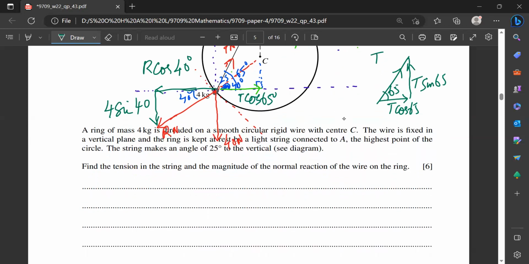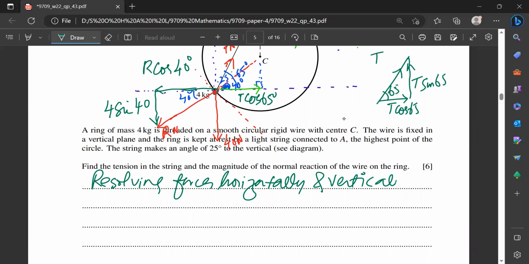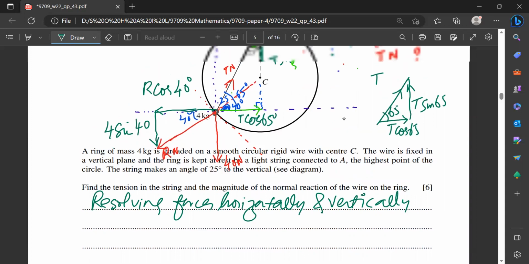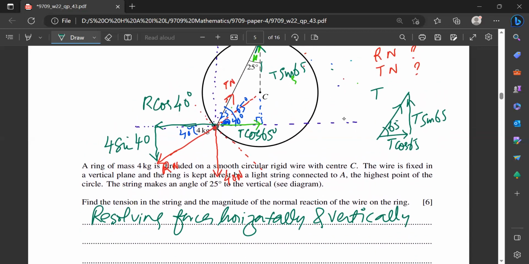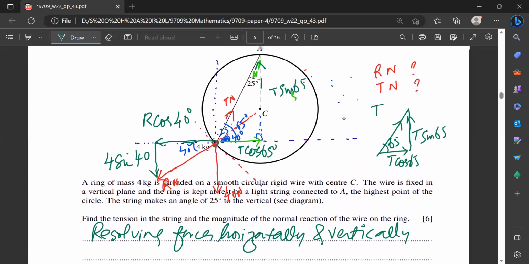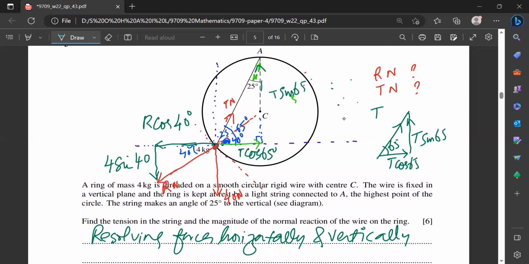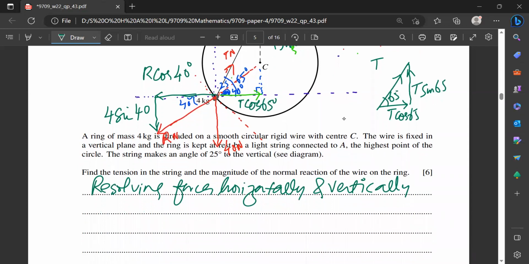So resolving forces horizontally and vertically, 40 is okay. We have resolved T into the two components, T cos of 65 and T sine of 65, and R newton, the normal reaction, into R cos of 40 and R sine of 40.